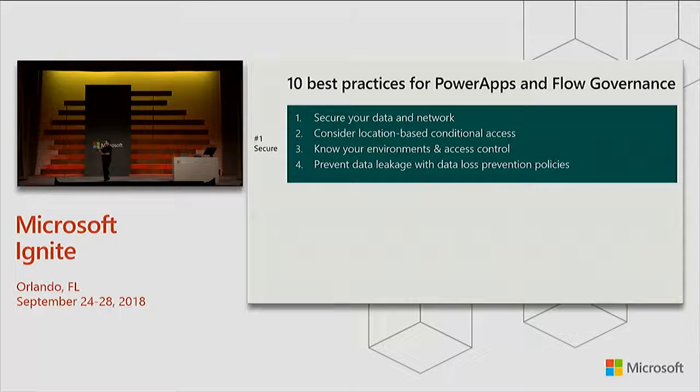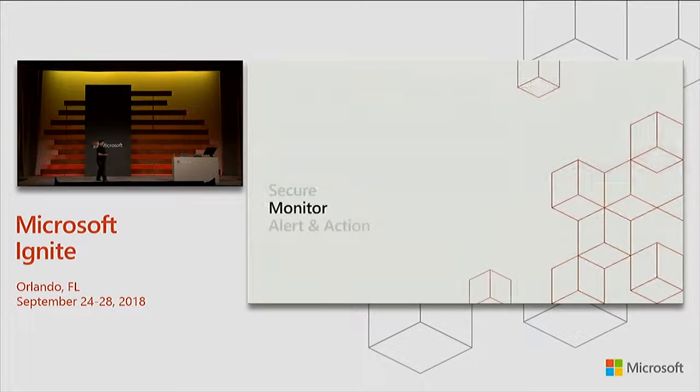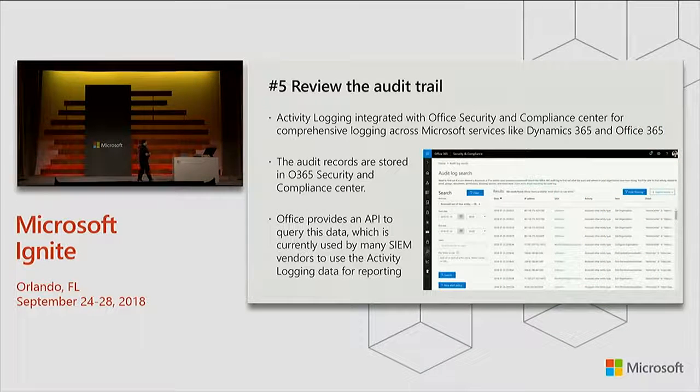What we've covered so far, and I'll reiterate this with some links at the end, is the secure section. Before we move on to monitor, alert and action, secure your data and consider the conditional access policies that we now support for the applications for both PowerApps and Flow. Environments are critical to understanding how things are deployed within your service.